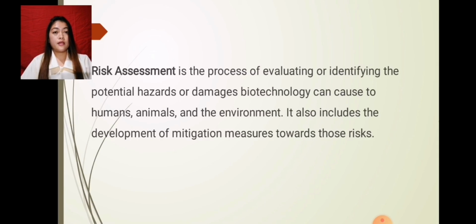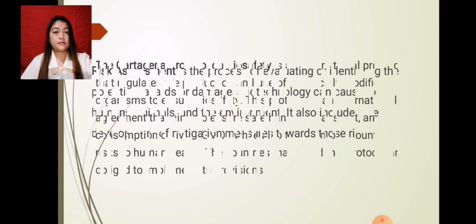Risk assessment is the process of evaluating or identifying the potential hazards or damage biotechnology can cause to humans, animals, and the environment. It also includes the development of mitigation measures toward those risks.